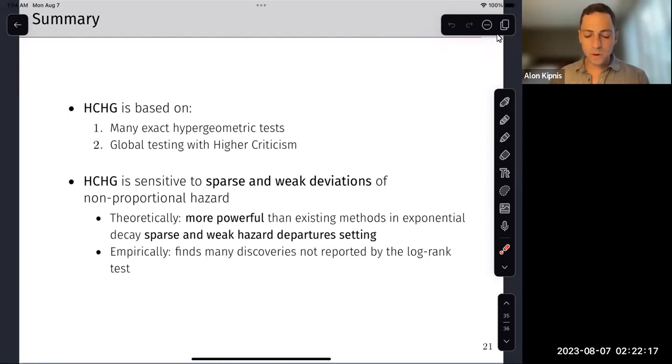HCHG is sensitive to sparse and weak deviations from proportional hazards. We showed theoretically that it is more powerful than existing methods in the exponential decay, sparse and weak hazard departure setting. That was the theoretical generative model that we looked at. We also showed empirically that we find many discoveries that are not reported by the log rank test.